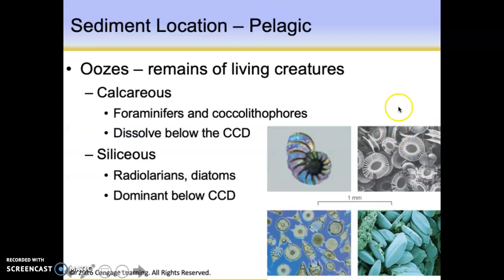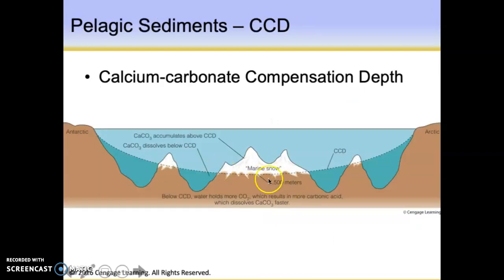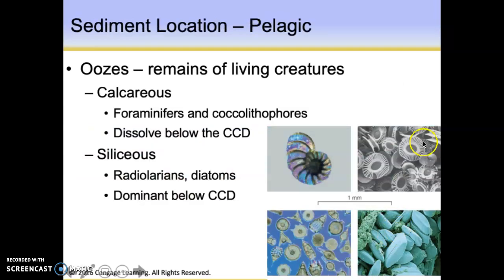So think of these organisms living in the upper part of the ocean. They die. There's essentially a rain of shells, microscopic shells, falling to the ocean floor, making ooze. As long as we are above the CCD, the ooze will be calcareous ooze, because these organisms that use calcium carbonate for their shells are much more abundant than the organisms that use silicon dioxide for their shells.